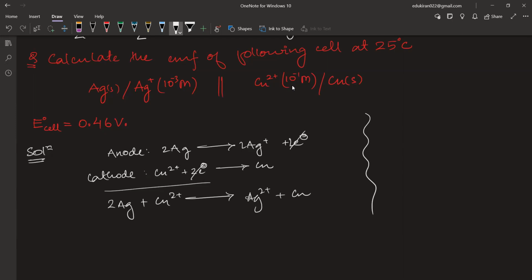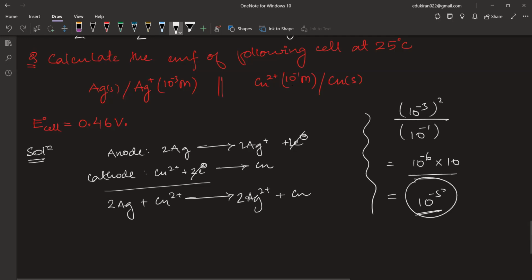And you must have got something like this, Ag2 plus, so it will be inside the log. Did you get this? Yes or no? Inside the log, Sarah? You got this. Okay, fine.